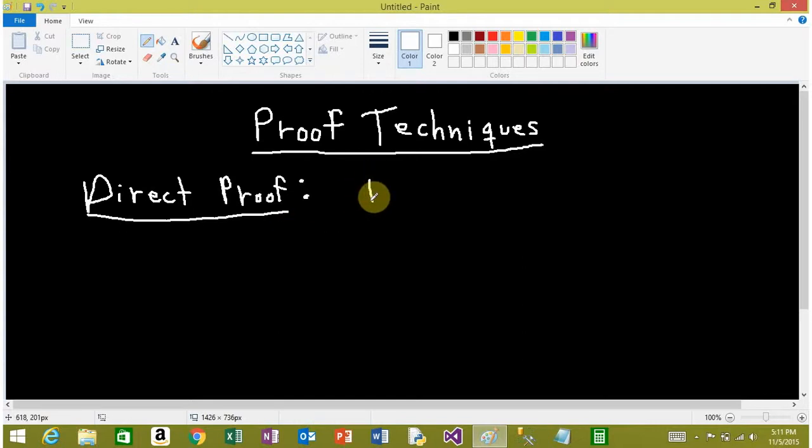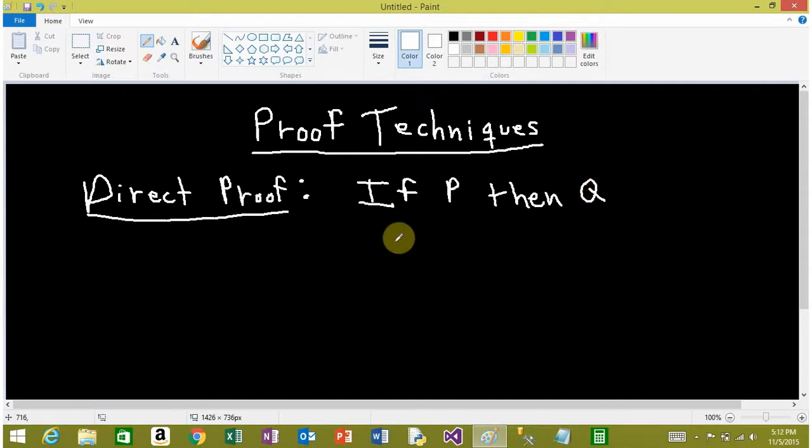So let's say you have a mathematical statement in the form if P then Q. P is the antecedent or the hypothesis, and Q is the consequent.